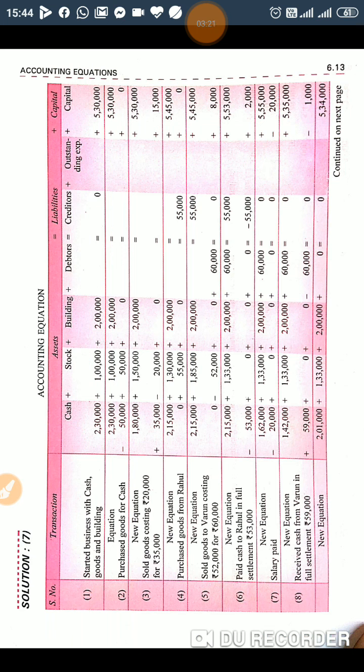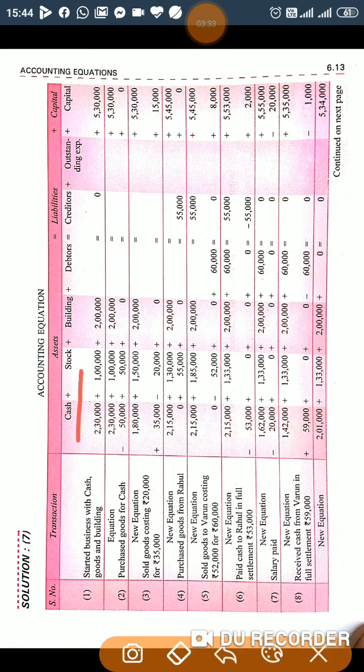First read out each transaction, analyze it, and note down all the assets and liabilities involved in the question, and then start writing the transactions and keep on showing them in the form of an equation.